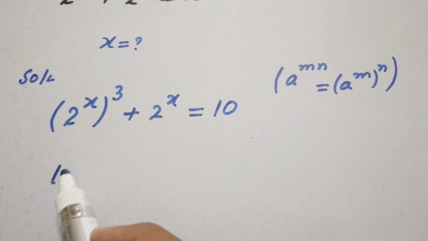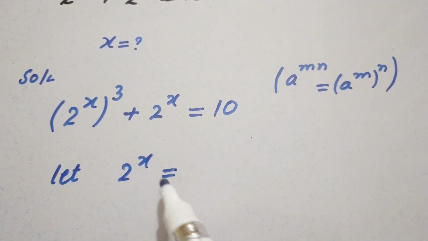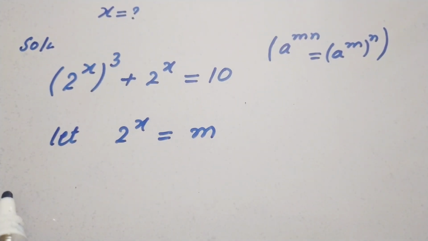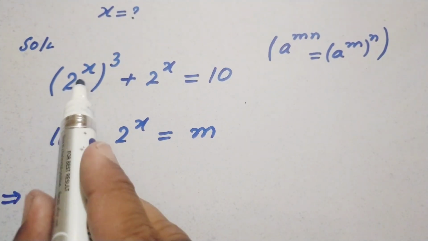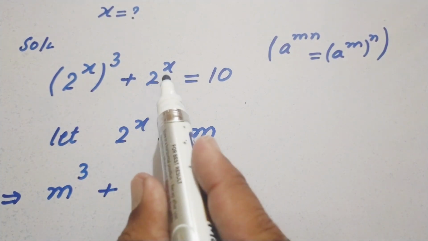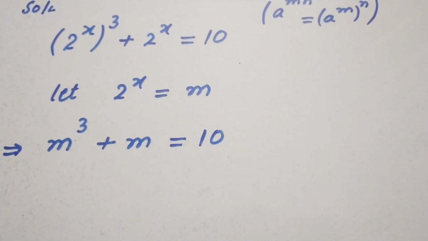So let 2 power x is equal to m. This implies m cube plus m is equal to 10, substituting m for 2 power x.